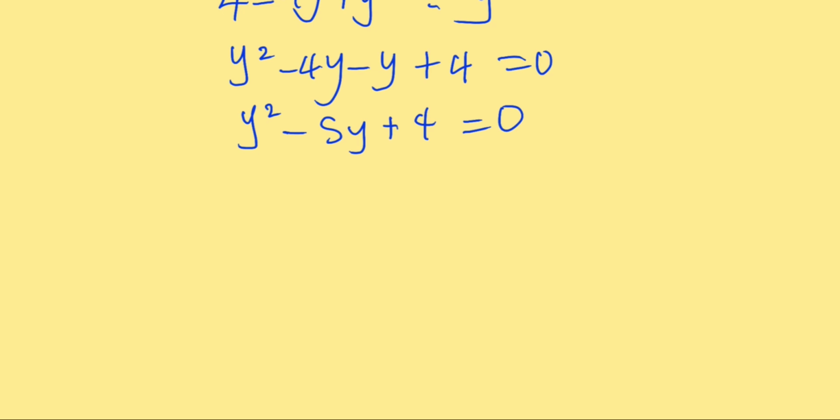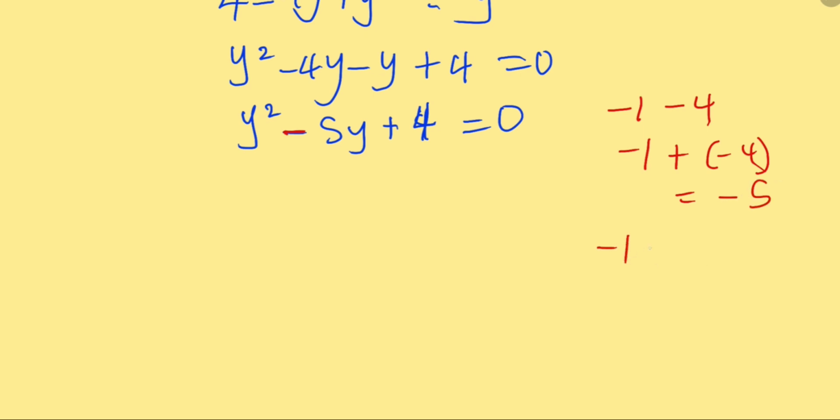So you have to ask yourself, what two numbers will you multiply to get this 4, and when you add them, you get minus 5? What are the two numbers? The two numbers should be minus 1 and minus 4, because minus 1 plus minus 4 definitely is minus 5.